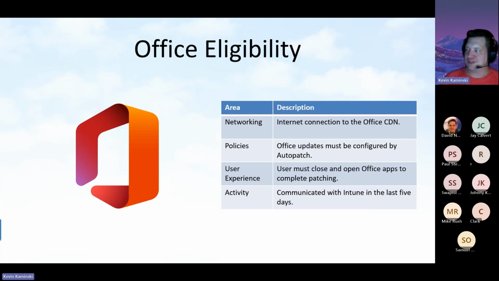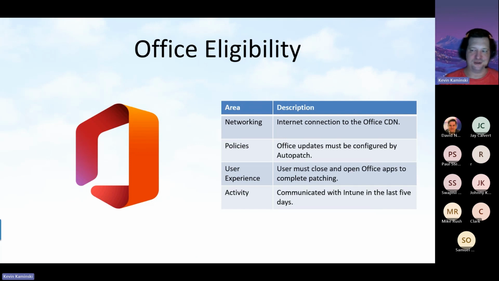The Office eligibility is pretty simple. You just need connectivity to the Office CDN. You must let Autopatch configure Office update policies. So, unfortunately, there's several ways to configure Office.